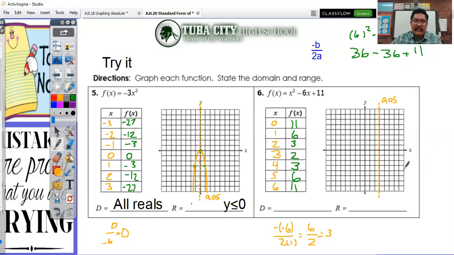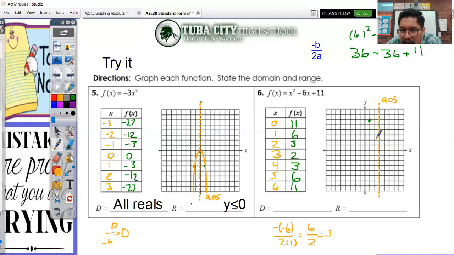Now from here, we should have enough spots on our graph to finish the graph. So let's go ahead and plot these out. So 0, 11. Okay, I can't graph that one because it would go off the chart. 1, 6. So 1, 6 is going to be there. 2, 3.